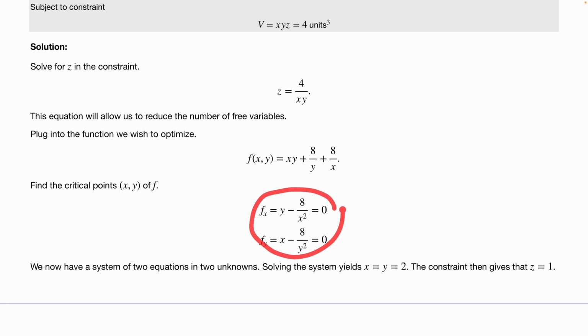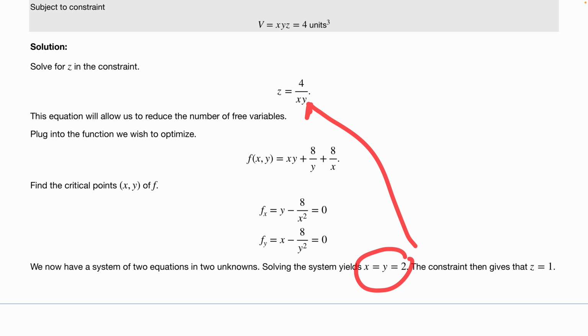Playing around with some algebra, we'll come up with x equals y is equal to 2. Taking this information, plugging into the formula for z from the constraint, we'll come up with z equals 1. And then we found that the height of the box should be 1, and then the base of the box will be 2 by 2.